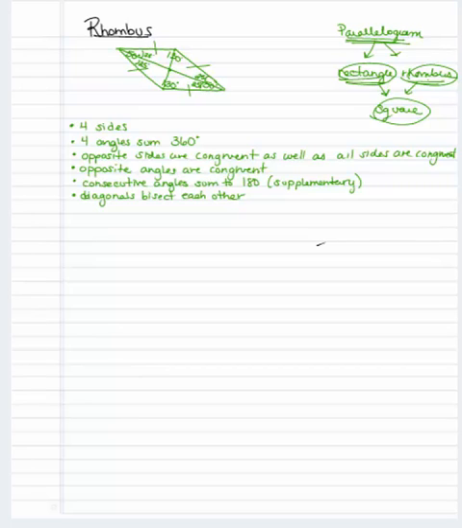This 130 angle, I think if I write it on there, it might be too messy, but it also gets split in half. So 130 cut in half, like maybe 65 and 65 for each one of those angles. So the diagonals bisect the angles of the rhombus.